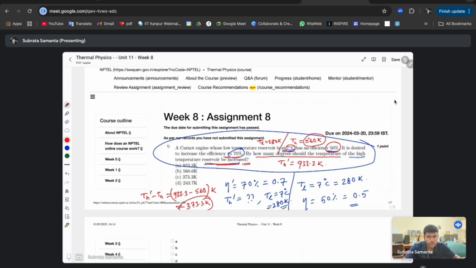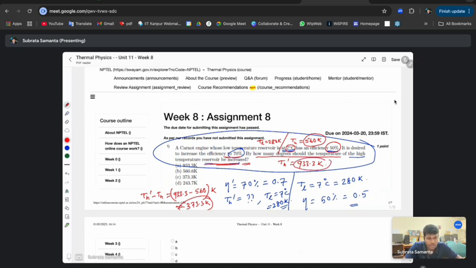So initially, when the efficiency is 50%, you calculate the temperature of the high temperature reservoir, and that is 560 Kelvin. Now in case 2, when it is desired to increase the efficiency to 70%, you calculate again the temperature of the high temperature reservoir, and this becomes 933.3 Kelvin.